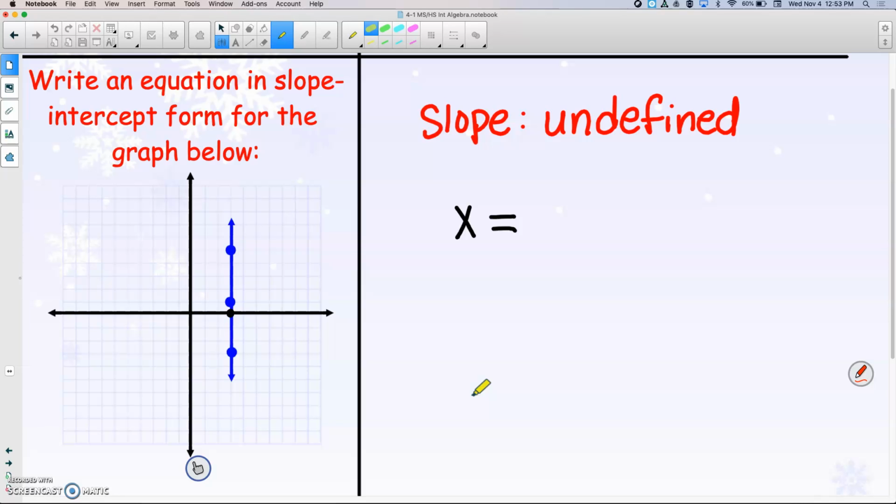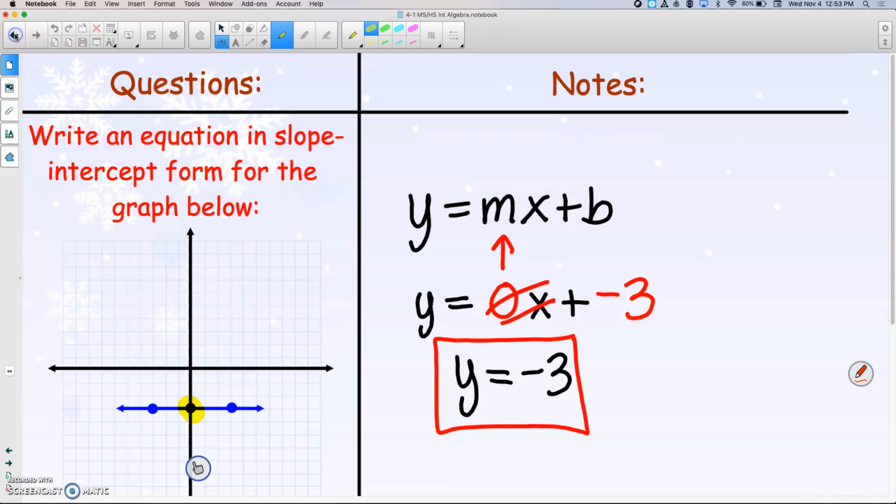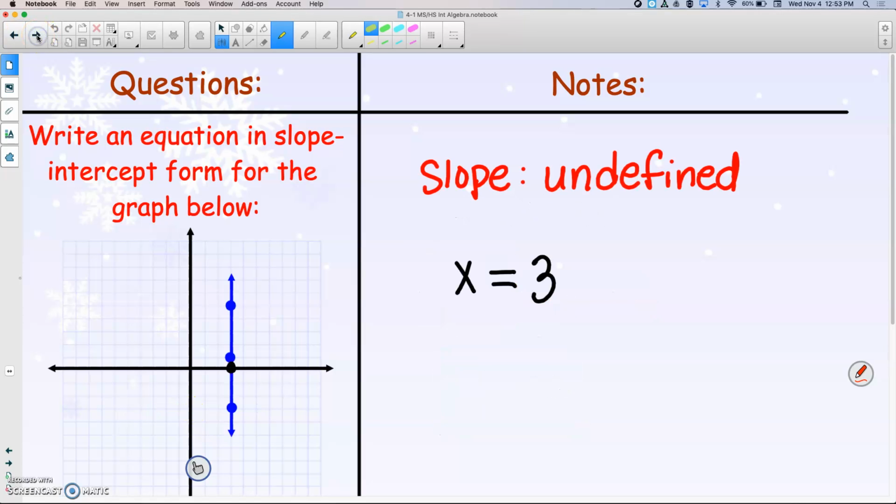So the x-intercept is right here at 3. So the equation for this entire line is x equals 3. So horizontal lines have equations with only a y in them, like this one. Vertical lines have an equation with only an x in them. Okay? Because the slope is undefined for a vertical line.